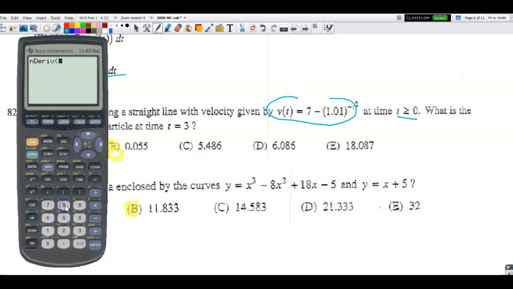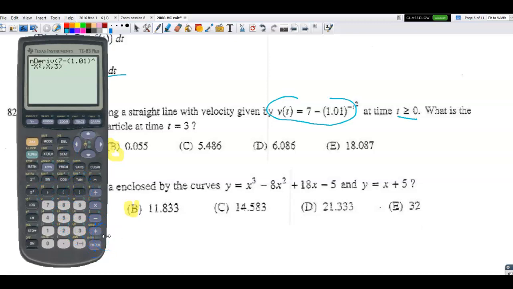So math number 8, find the derivative of my function 7 minus 1.01 raised to the negative x squared in terms of x at the specific value of 3.